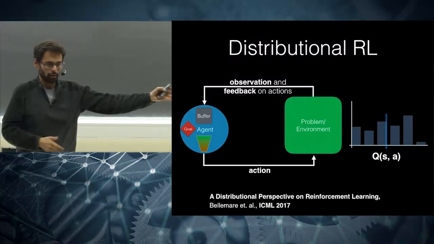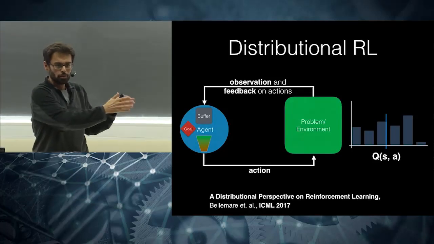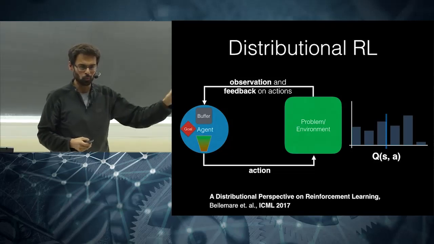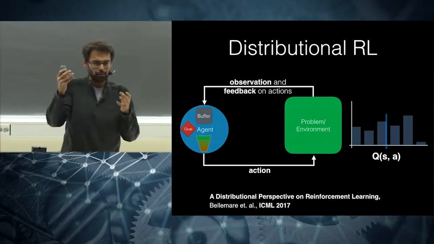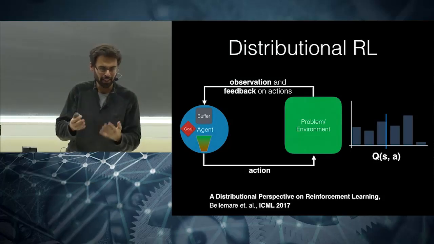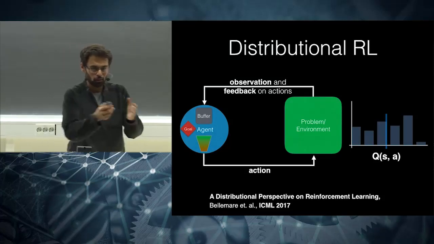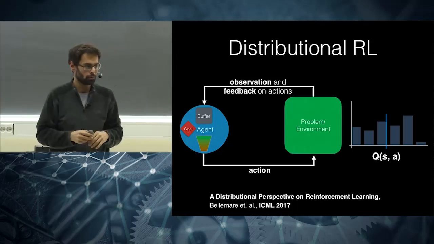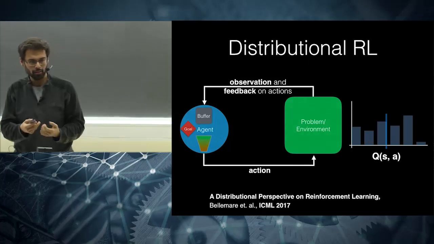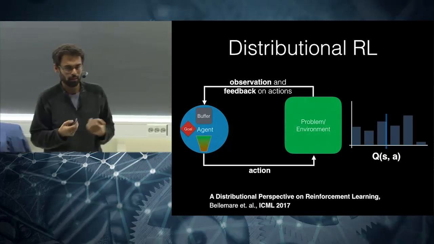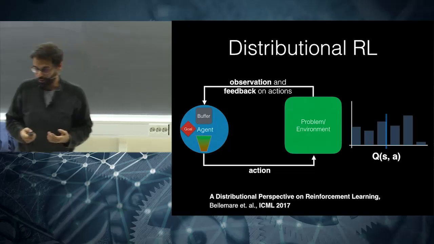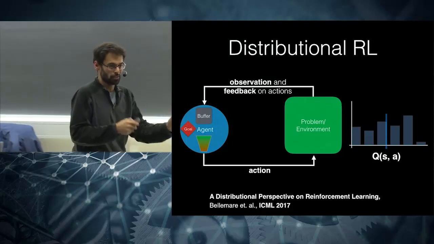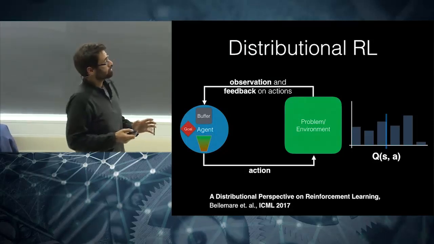Another could be going left, and there the distribution is peaky. So it's a low reward, but it's quite certain that this is what you'll get. So maybe, depending on how you feel that the agent should be behaving, you could tailor that behavior to being more risk-taking or more risk-averse or safe. So that's a nice idea to think about. So that was the motivation, but it also leads to more data efficiency, which I'll talk about.